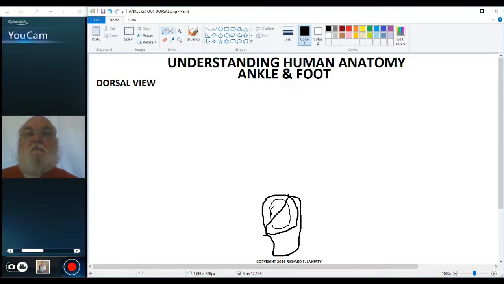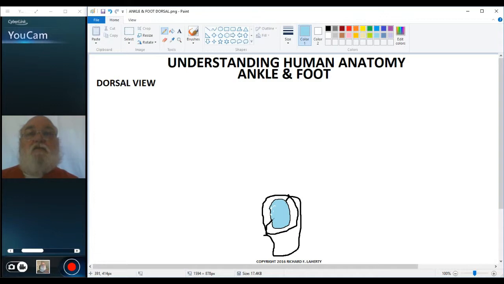And let me fill that in with a light blue color to indicate it's the articular surface. So there's the articular surface of the talus with the tibia.